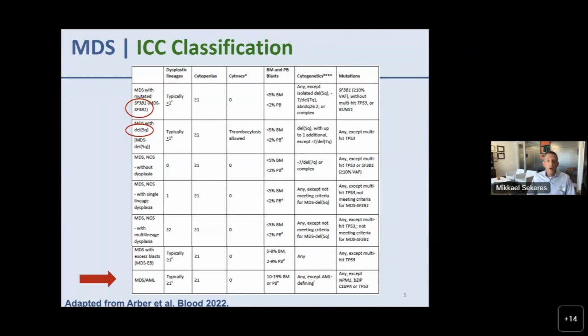They do recapitulate what was seen before in patients who have single lineage or multi-lineage dysplasia, and identify those who have excess blasts, but now for the first time have a category of an overlap of MDS and AML for those patients who have 10% blasts or greater, which is something that clinically and biologically we think makes a lot of sense. So what we can see in the genetic definition of MDS are patients who have a deletion 5q abnormality, an SF3B1 mutation, and in the World Health Organization classification, those who have a TP53 abnormality.